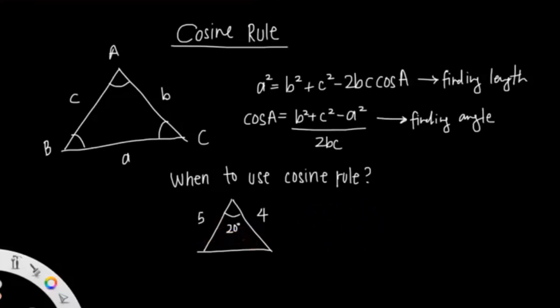So you would use the cosine rule to find the third length. So basically you use the cosine rule when you can't use the sine rule.